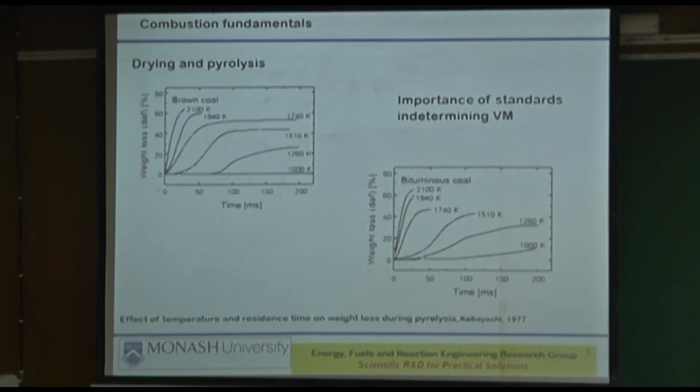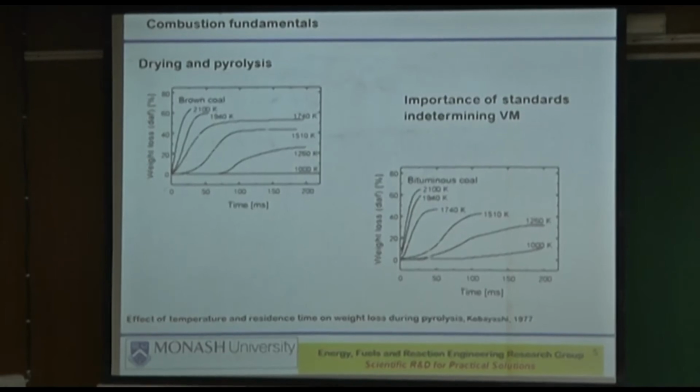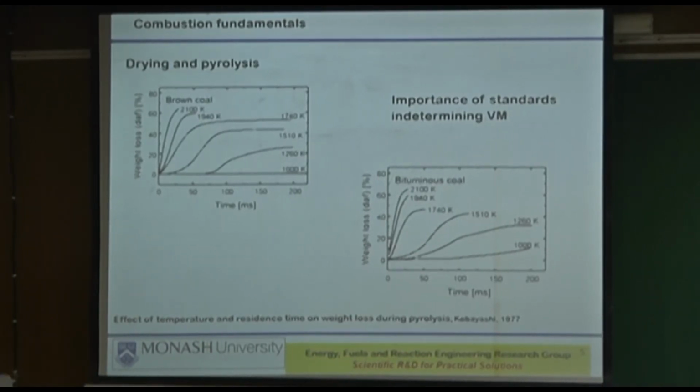Sometimes people report volatile matter based on TGA, thermogravimetric analysis results, where the time is very, very long. The important thing is it doesn't conform to the accepted standards. But the other important thing is, as long as you are consistent and transparent in your reporting that this is how I am reporting it, it's fine.